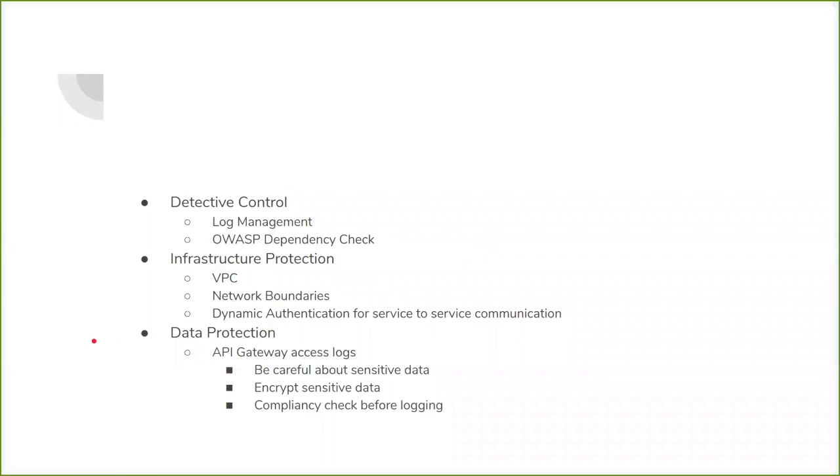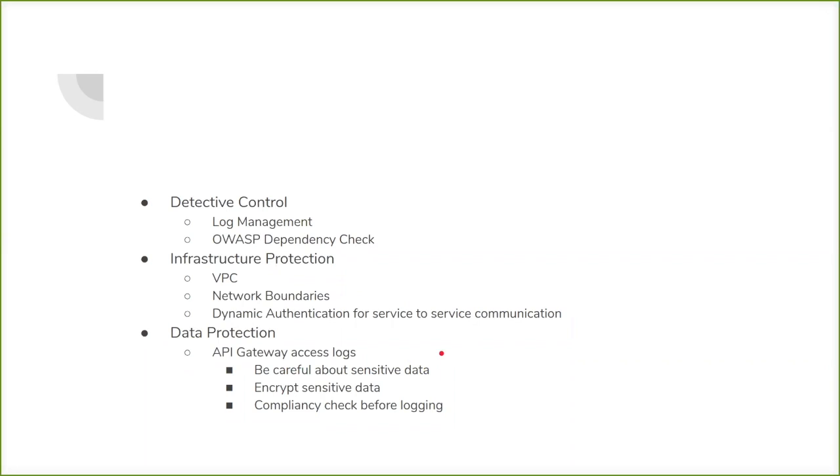And finally, if we talk about data protection, one of the things we have to be really careful about is the log management. Just imagine you are trying to log everything which comes to your API Gateway into the log. Imagine you are developing an application which has to be in compliance with GDPR. So imagine one of the requests comes in which has user information, and you have to be really careful how this sensitive information will be logged.